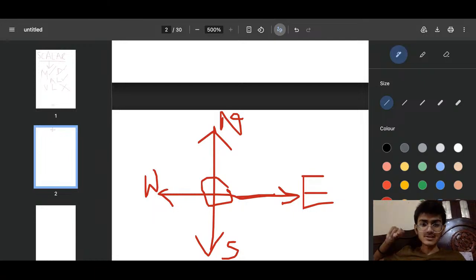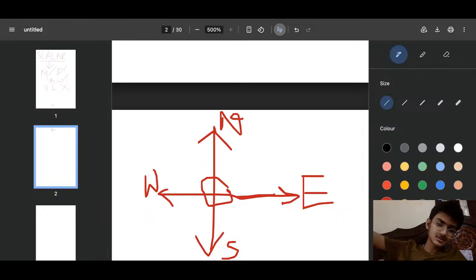Because if I just change this point, if you're just saying that this is north, this is south, this is east, this is west, and I'm just changing the point of reference, the whole thing will alter.